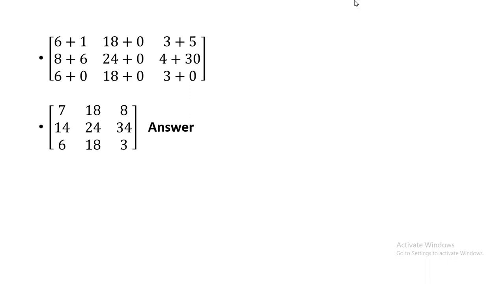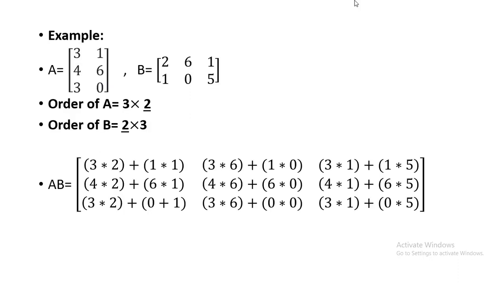So when you are multiplying two matrices together, you need to know that two matrices, even with different dimensions, will only be multiplied when the number of columns of the first matrix is equal to the number of rows of the second matrix. Now what happens if I multiply B into A?